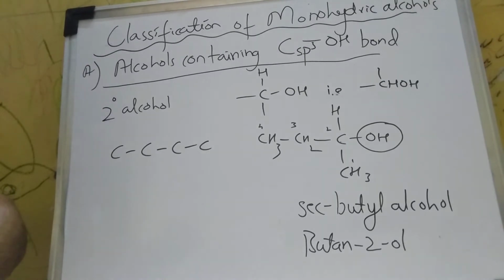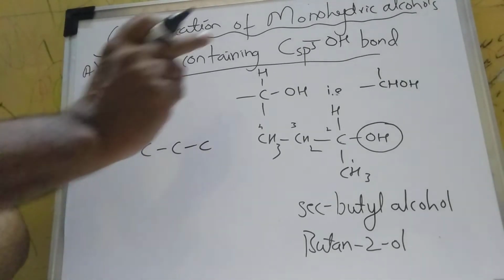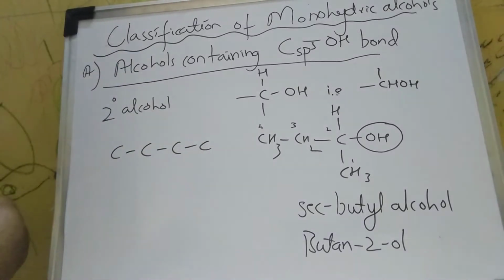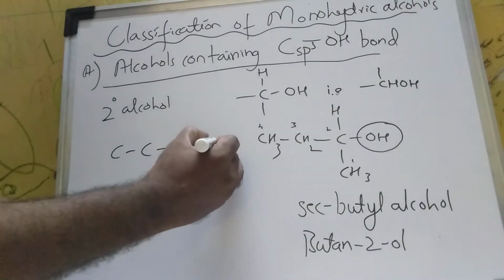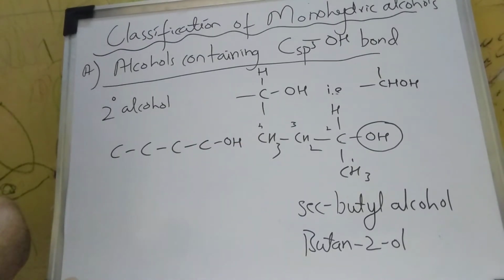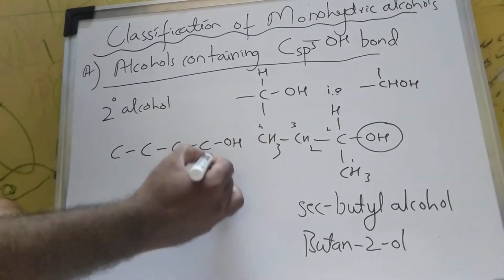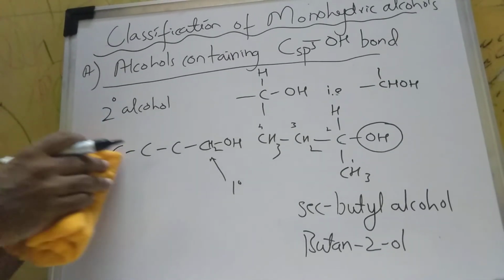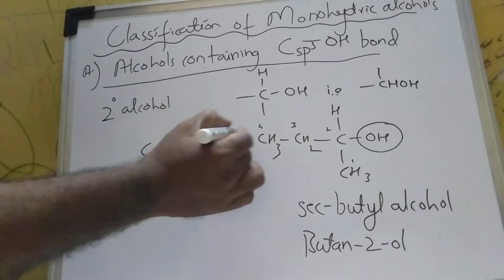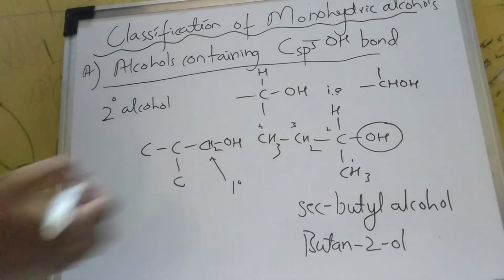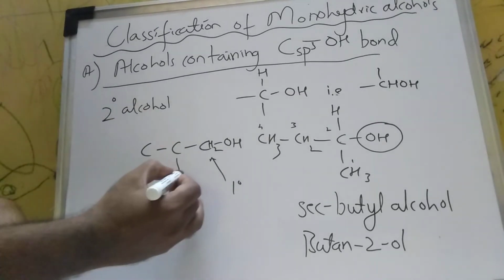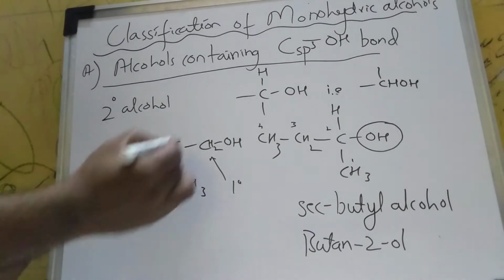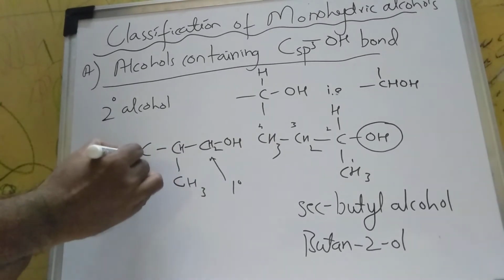Now OH is in isobutyl. The OH is attached to terminal carbon atom, right? Terminal means what? This carbon is primary, attached to CH2, and actually here instead of OH the carbon is branched. So the carbon over here will be CH, with CH3 and CH3.